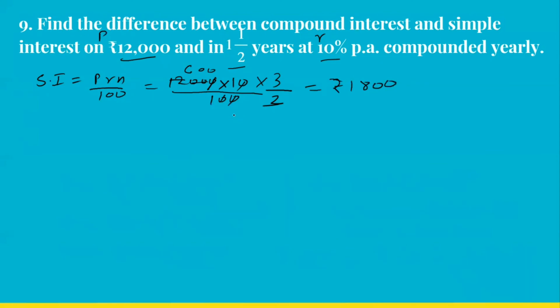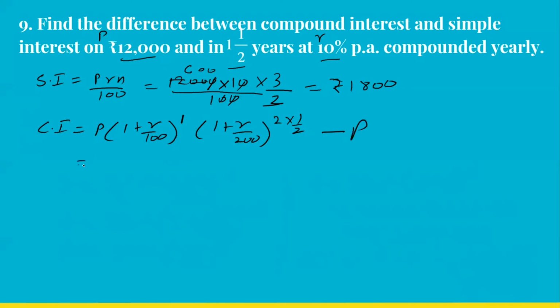Now let us find the compound interest, which is yearly. Since it is compounded annually, you have the difference between the compound interest and simple interest. So the compound interest is equal to P in bracket 1 plus R upon 100 raised to 1, because it is 1.5 year, into 1 plus R upon 200 raised to 2 into 1 by 2, which is the next half year, and minus principal.